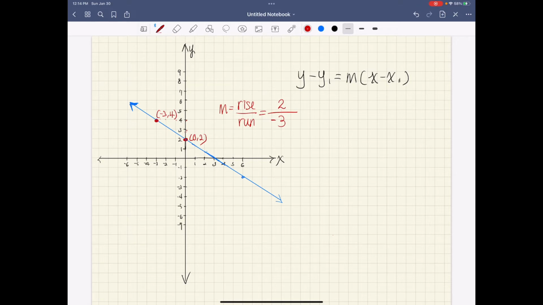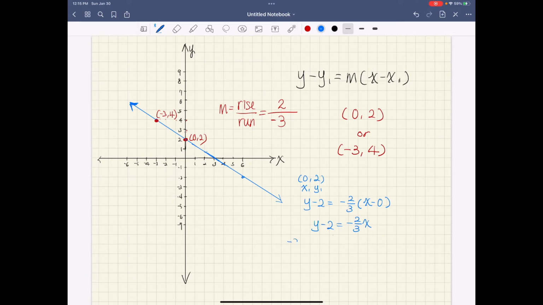Now then, you can use either 0, 2 or -3, 4 to write into point slope form. So if I use 0, 2 as x1, y1, then y minus 2 is equal to slope -2/3 times x minus 0. Since it's 0, you can just rewrite into -2/3 x.